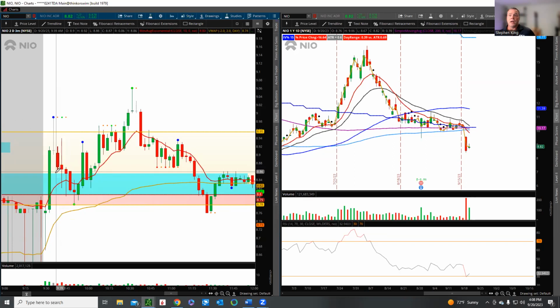Okay, so Neo, right? Neo here moves up, comes up here, makes a new high for the day. Now volume on Neo, you're not going to see the same volume as you do on, let's say, Tesla or Nvidia or AMD, but still, it's all relative, right?